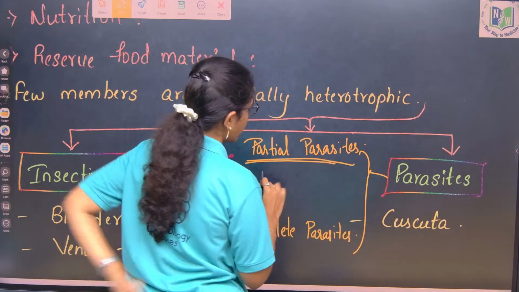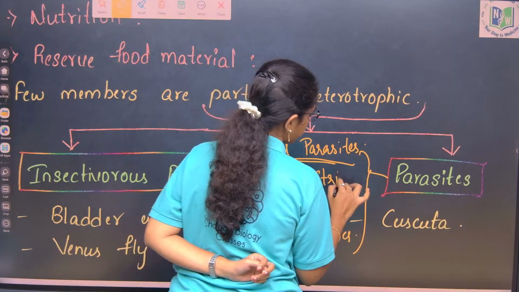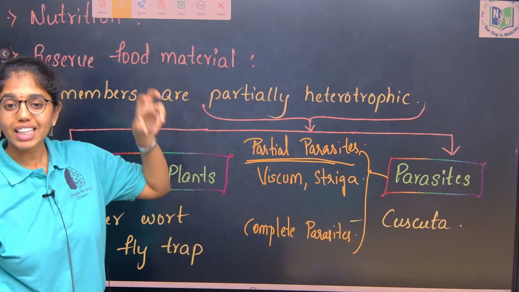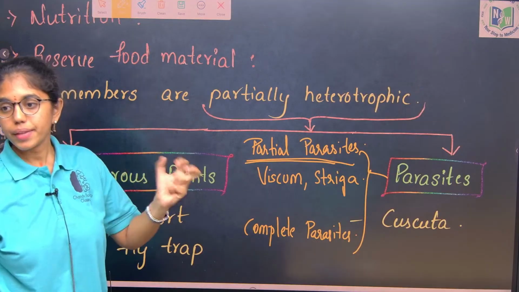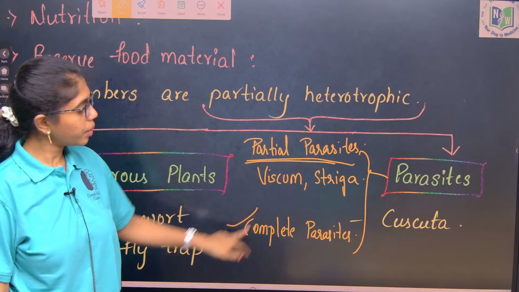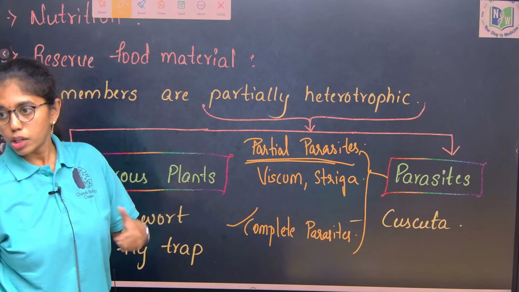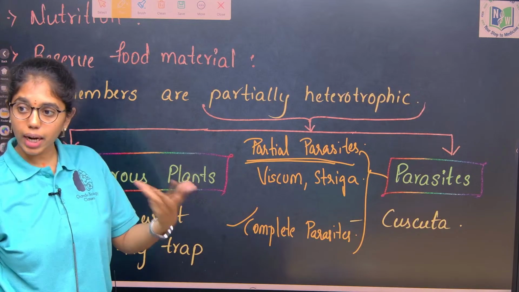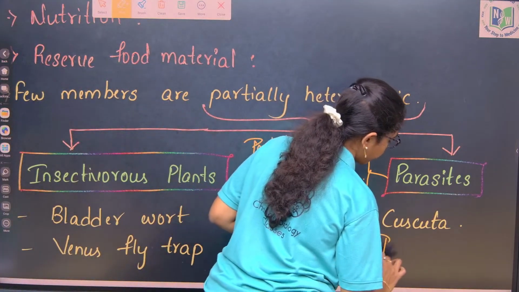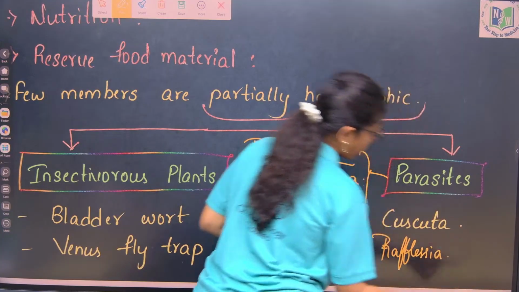Partial parasitic plants include Viscum and Striga, which will dwell into only the xylem tissues of the host plants. They will absorb only water and minerals from the host plant. Whereas complete parasites will derive both food materials, sugar molecules, and water and minerals from the plant body, which includes Cuscuta and Rafflesia.